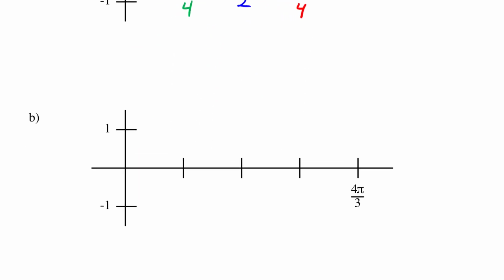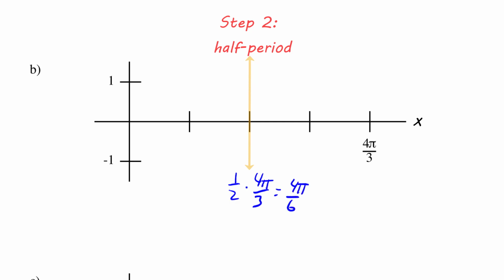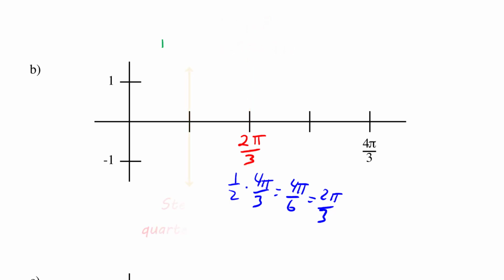This time, the period is 4 pi over 3. So after we identify that, the half period is half of 4 pi over 3, 1/2 times 4 pi over 3, and we'll simplify that fraction to 2 pi over 3. Really what we did is we took half of 4, which is 2. That's another way we could have done this. Step 3 is to find the half.